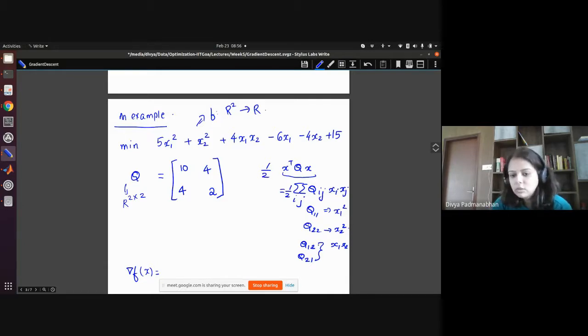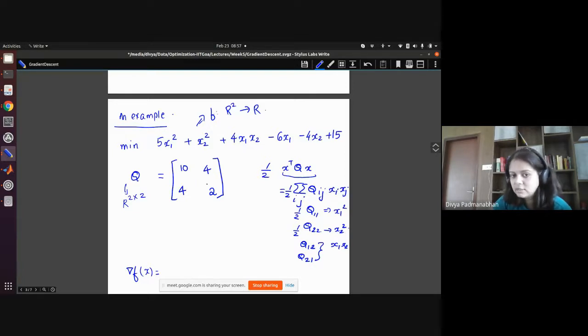So you have to adjust these q's accordingly. For x1 square, the coefficient is given by half q11. So when you write q, it should be 2 times the coefficient of x1 square. That's why this 10 comes. Similarly, half q22 is what will give you the coefficient of x2 square.